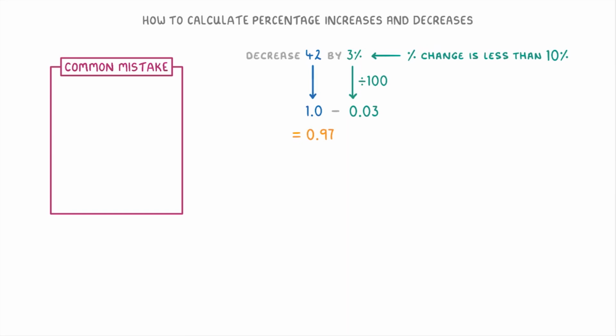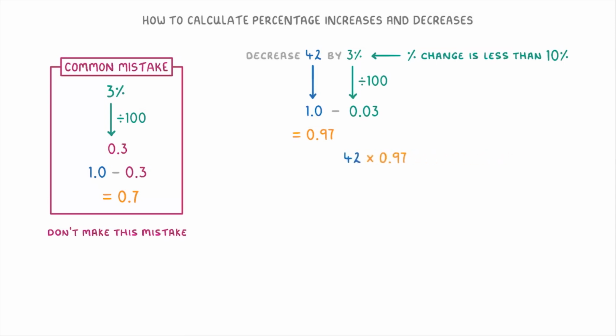A really common mistake here would be to think that 3% is 0.3, and do 1 minus 0.3 to get 0.7 as the multiplier instead. So just watch out that you don't make this mistake. And remember to divide your percentages by 100. So to find the actual answer here, we're going to just do 42 times 0.97 to get 40.74.